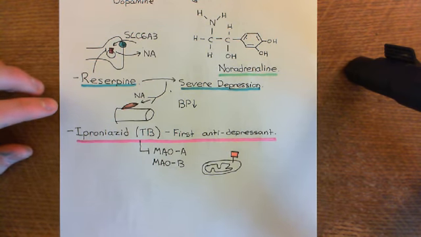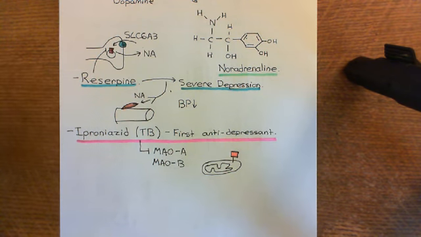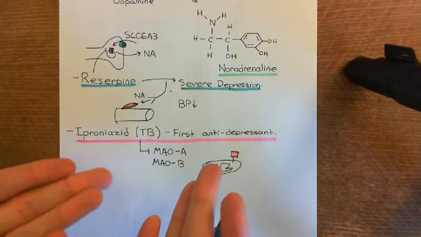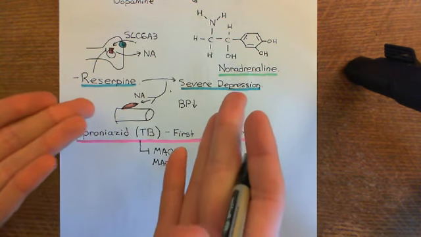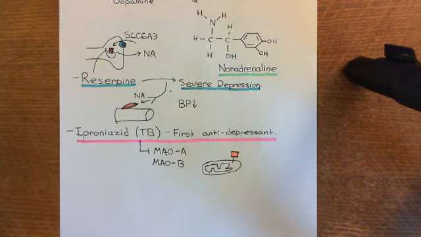You'll end up with vesicles utterly stuffed full of the neurotransmitter, and therefore you'll end up with higher levels in the brain. Ta-da! You've got an antidepressant which raises the monoamines, and you've got a horrible pro-depressant which decreases the monoamines. And this was the beginning of the monoamine hypothesis.